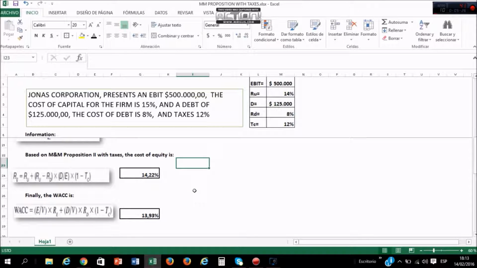Now we have to find the RE and finally the WACC with taxes.